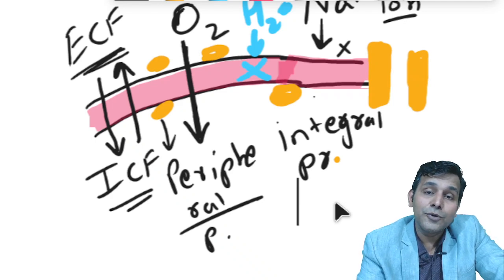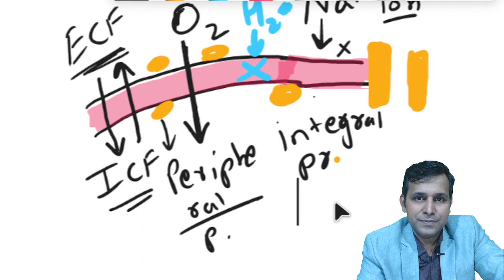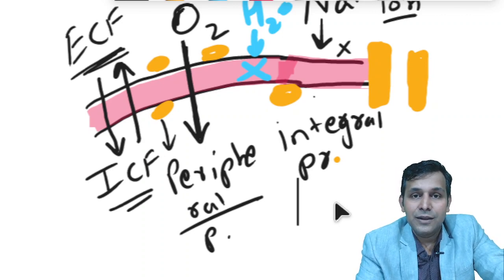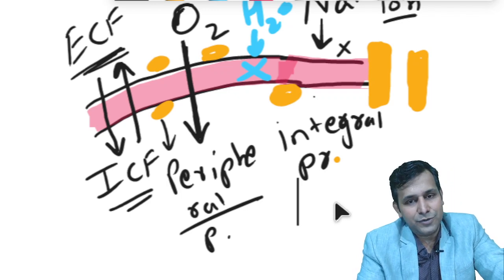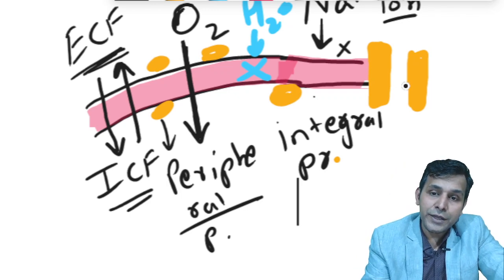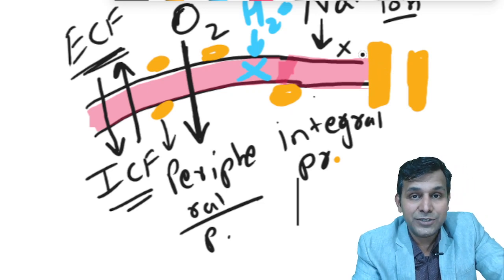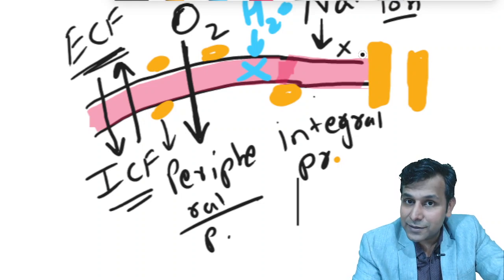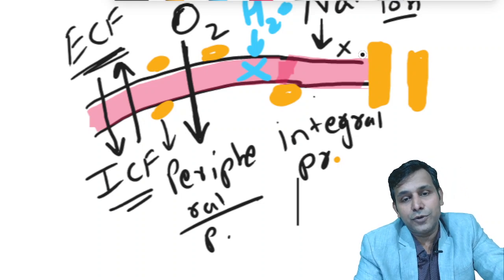Peripheral proteins mostly act as receptors, or they help in identifying the type of cell, or they have some antigenic receptors on them. Integral proteins help in attaching the cell to another cell, or they act as transport proteins, or they act as carrier proteins.